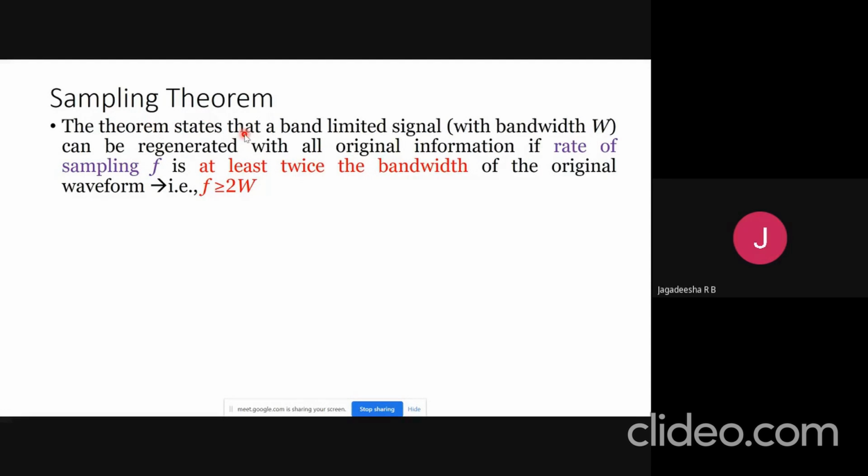The sampling theorem states that a band limited signal with a certain bandwidth W, I will tell you what a band limited signal is, can be regenerated with all original information if the rate of sampling f is at least twice the bandwidth of the original waveform.